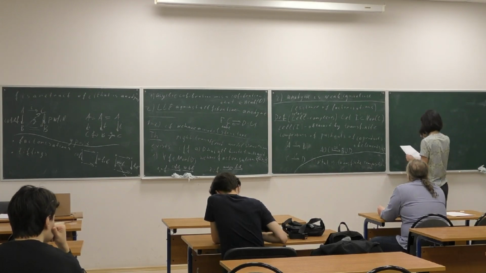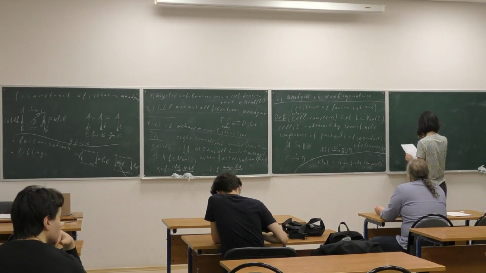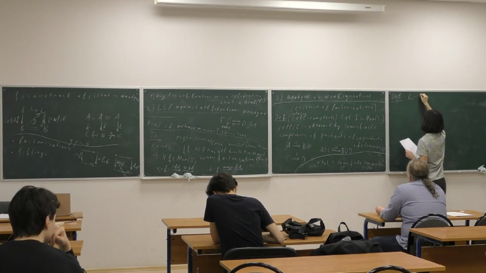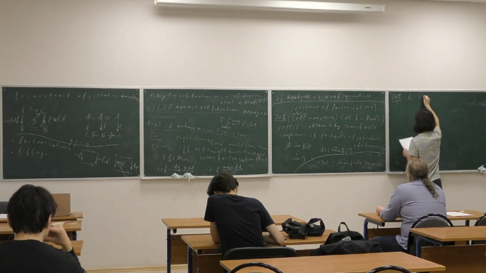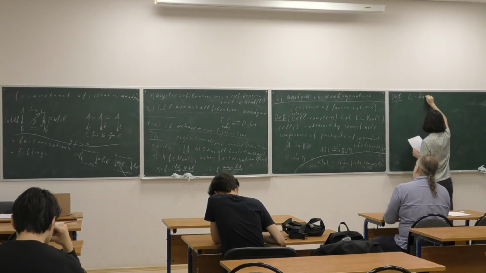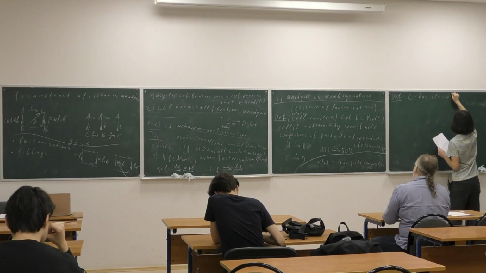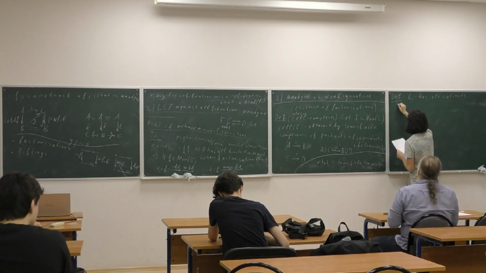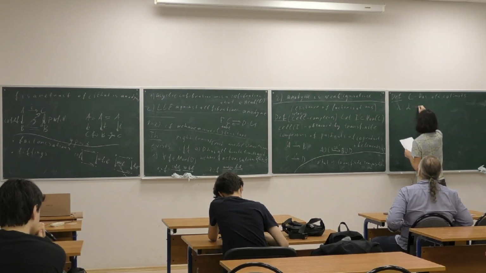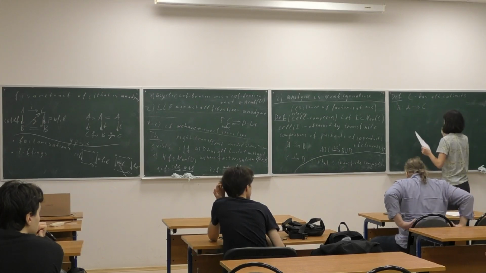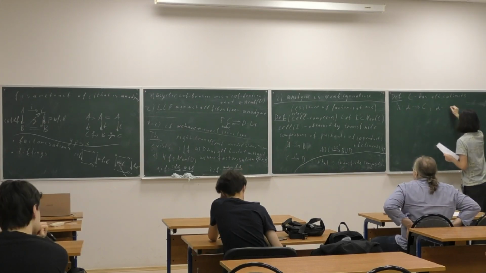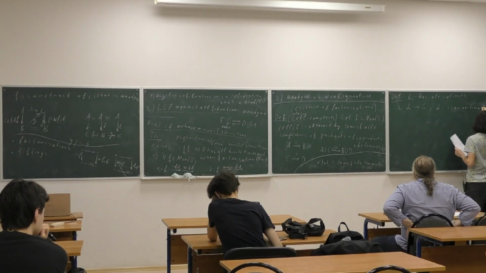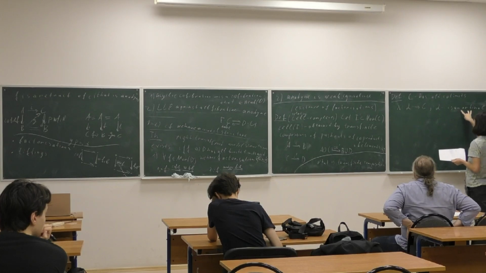So transfinite composition definition assumes that C has all co-limits. And assume that we have a diagram of this form where alpha is an ordinal.